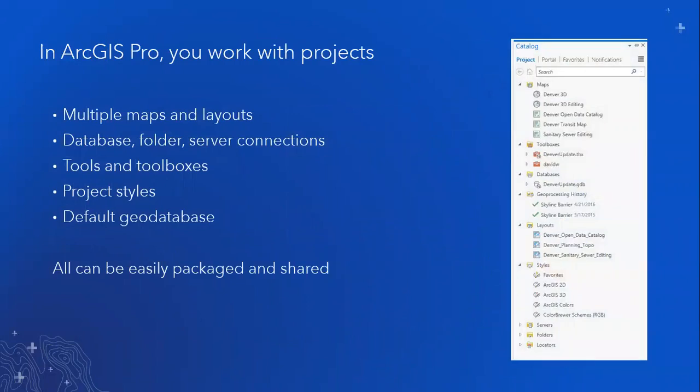So within ArcGIS Pro, what really constitutes, hey, how do I break this up into different projects? Well, a map should be included within a project if you have a multitude of maps and layouts that focus on the same topic. If you have a database, folders, server connections, all relative to that one topic, those can be included within the project. Same with your tools and toolboxes. Style files are going to be important to maintain, so add those into the project.